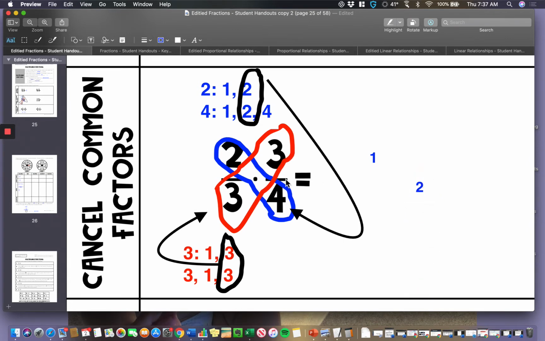Now for the red, I'm going to do very much the same thing. These are the same numbers, so that's pretty easy. The greatest common factor between 3 and 3 is 3. So I can divide both the numerator and the denominator by 3.